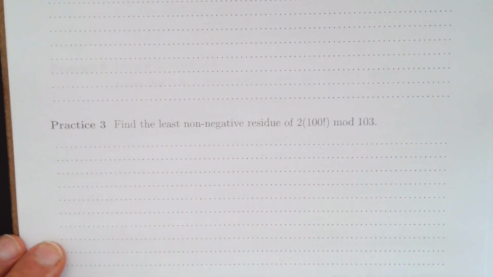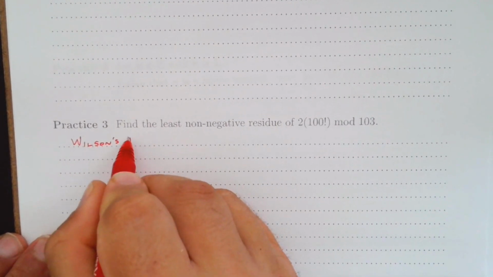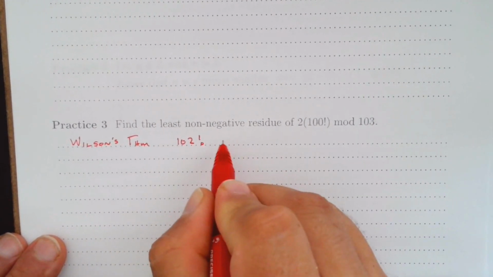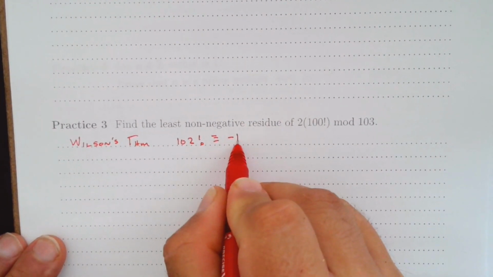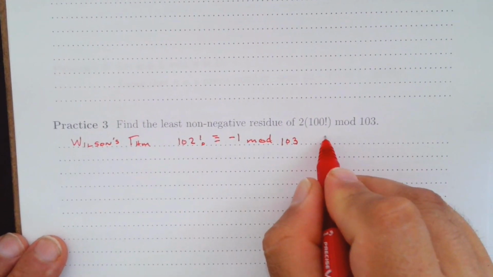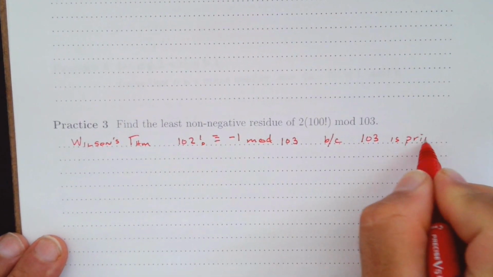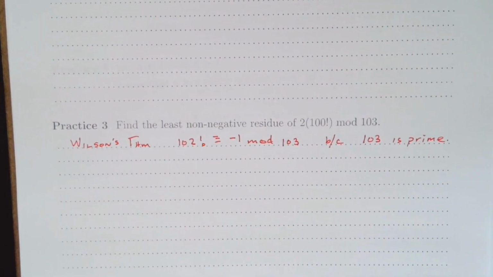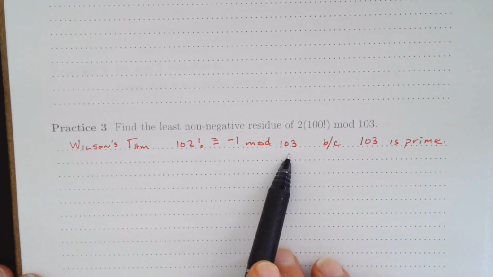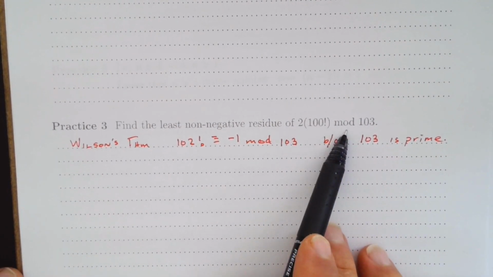Now, we know from Wilson's theorem that 102 factorial is equivalent to negative 1 mod 103, because 103 is prime.